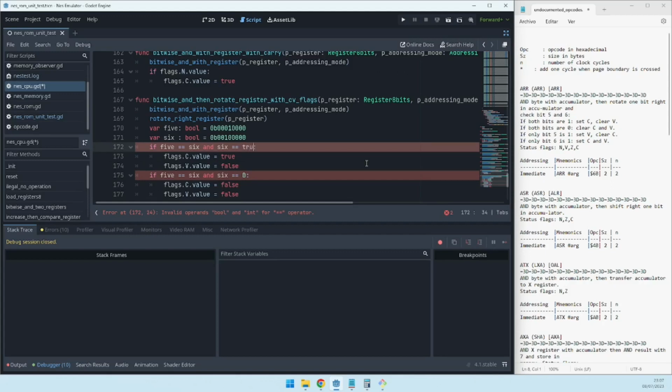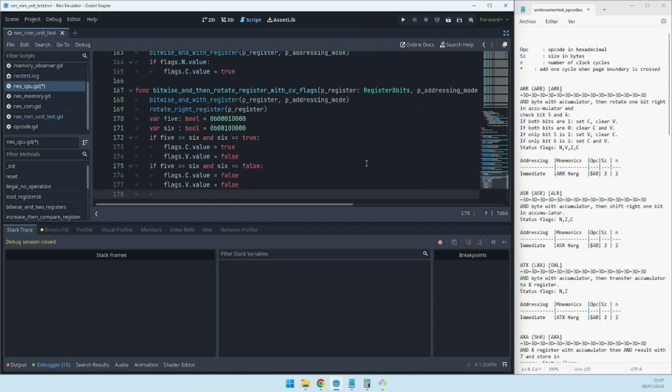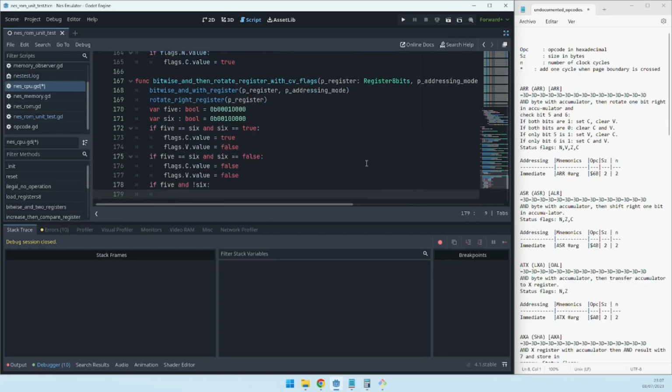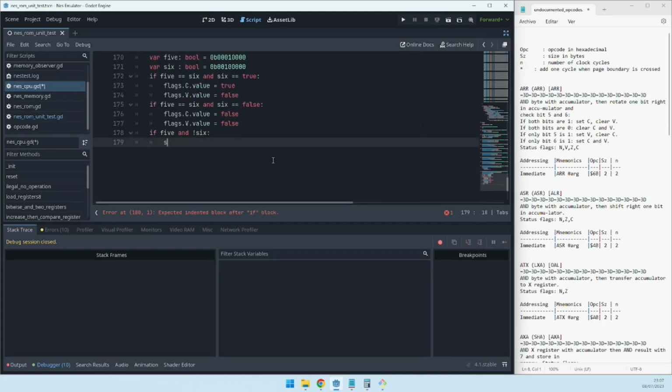Okay, it's true, not 0. If 5 and not 6. If 5 and not 6, then set B and clear C.